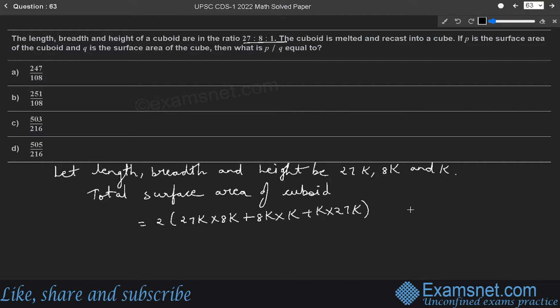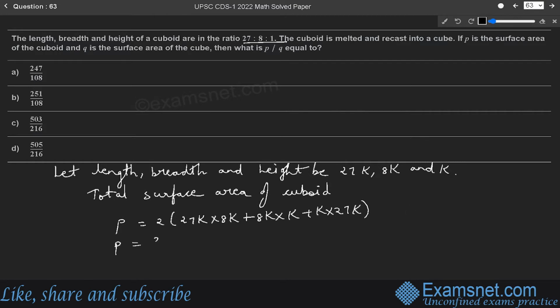We know that total surface area of cuboid is 2 into length into breadth plus breadth into height plus height into length, and it is given in the question that total surface area of cuboid is equal to P. Therefore, P is equal to this whole term.